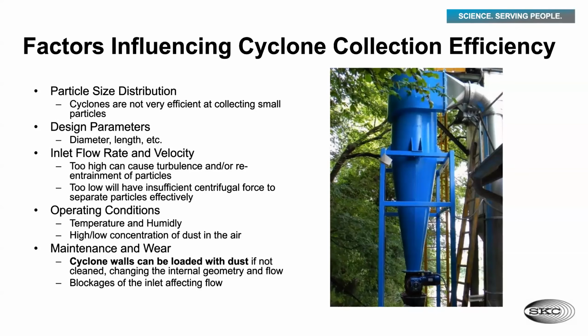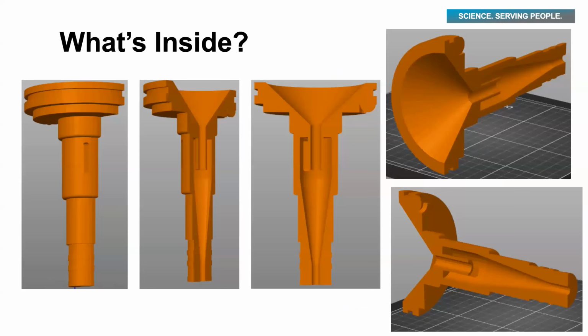So on the very bottom, I have bolded that cyclone walls can be loaded with dust if not cleaned. That not only goes for our small little cyclones that we have in the lab to sample with, but that can also impact how well these larger cyclones are used in industry as well.